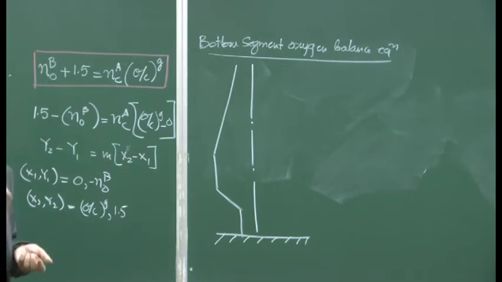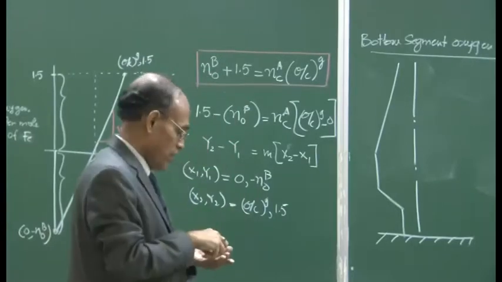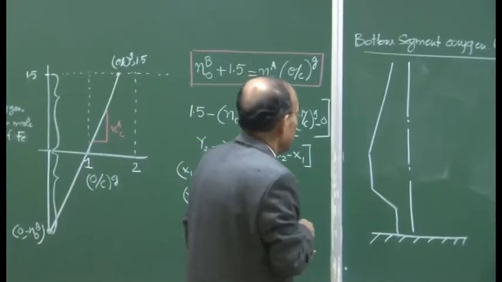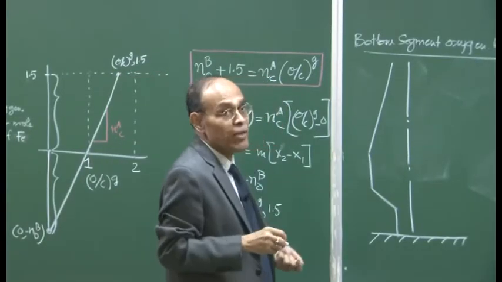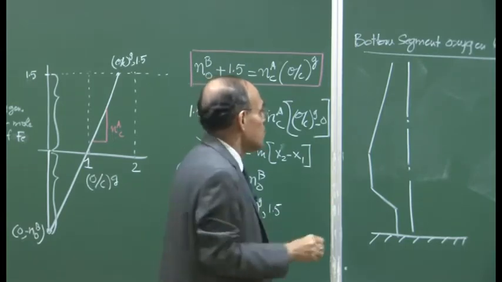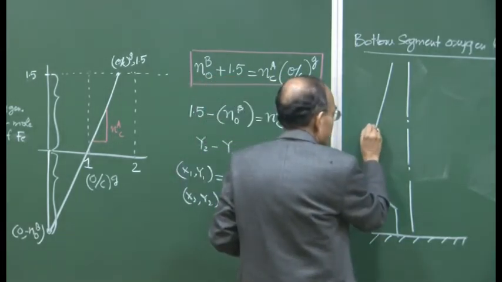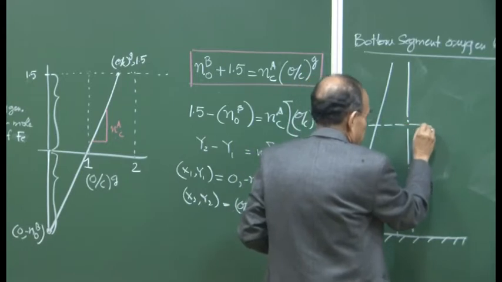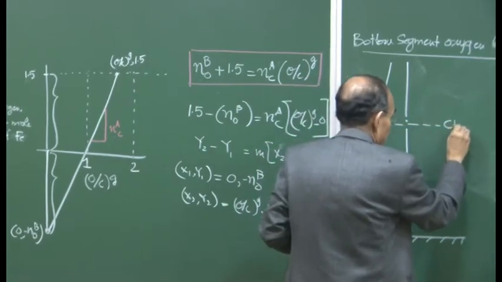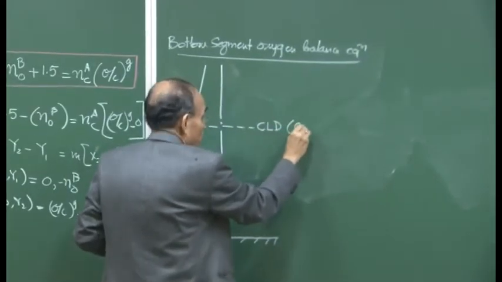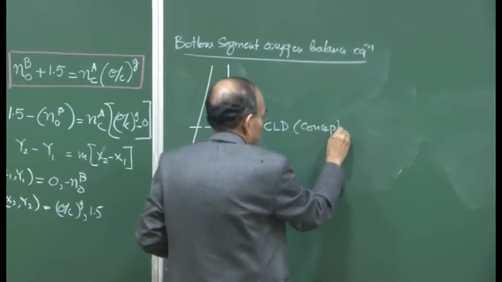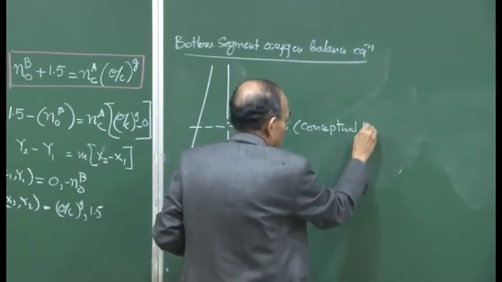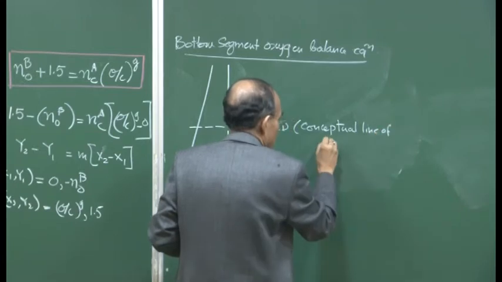Now, we are dealing, if you remember, with steady state material and enthalpy balance. That is we must remember. Now, when you say bottom segment, we will compartmentalize the blast furnace into 2 halves. I call it a CLD or conceptual line of division.